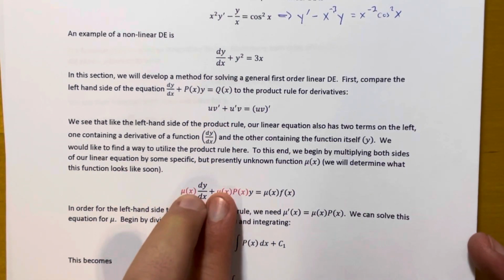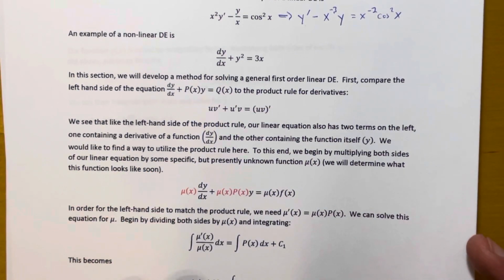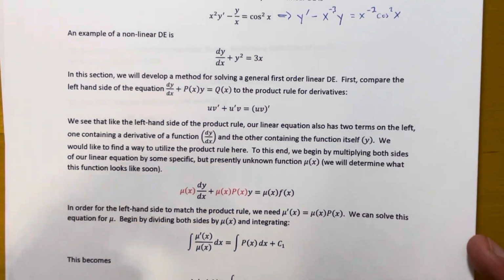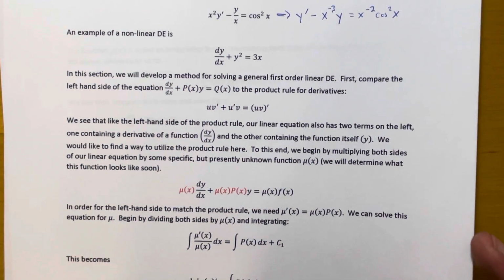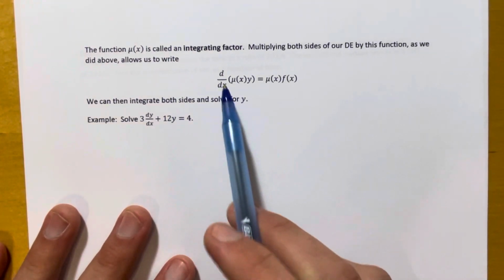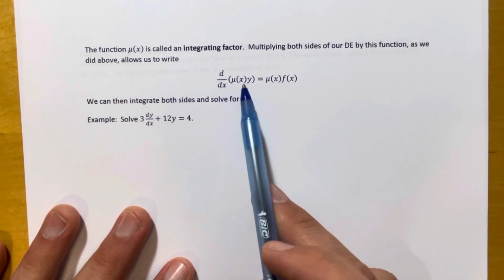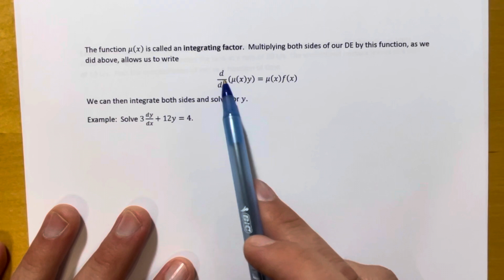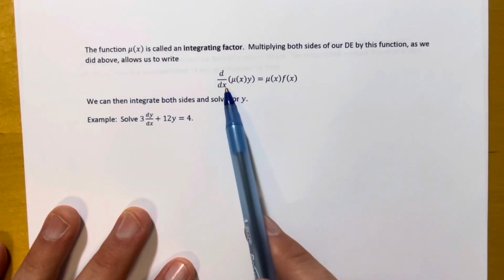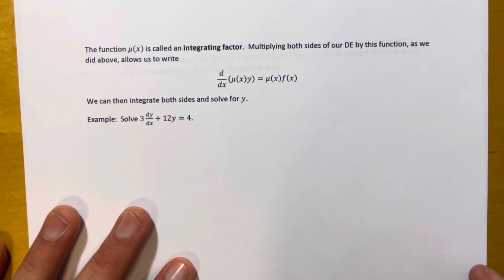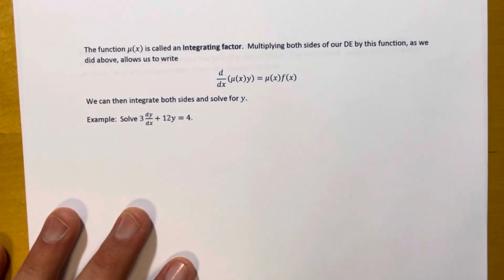So I can represent it by the right-hand side of the product rule, uv all prime. I'm taking the derivative of it. So by doing that, I'm showing that the derivative of mu of x times y is what's appearing on the left-hand side. And now I have that set equal to the right-hand side. And now I can use integration to undo this derivative and start solving.